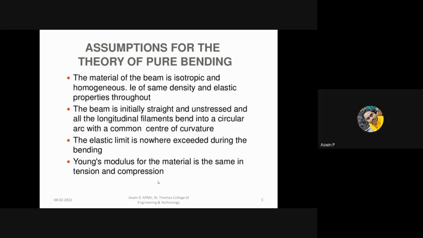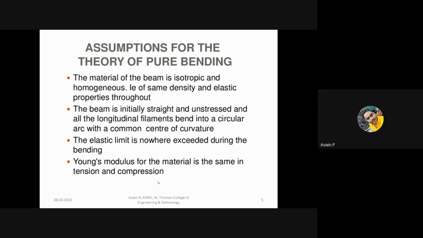That is the important thing. And a very important one is the third: the elastic limit is never exceeded during the bending. The stresses should be within the elastic limit. That is the meaning: all the stresses should be within the elastic limit.